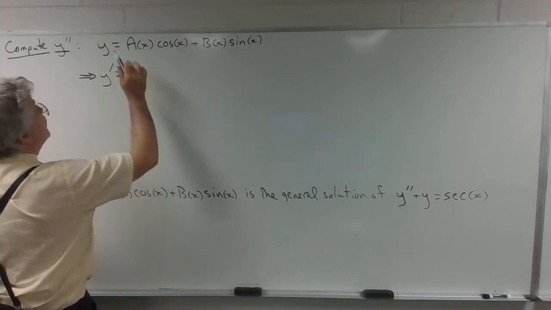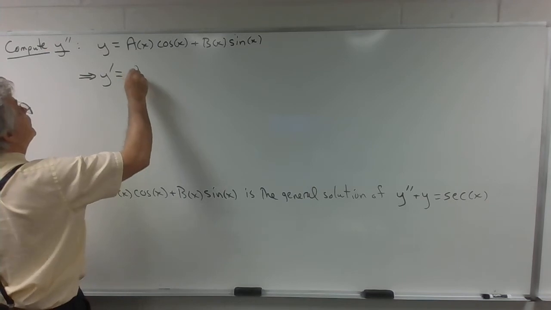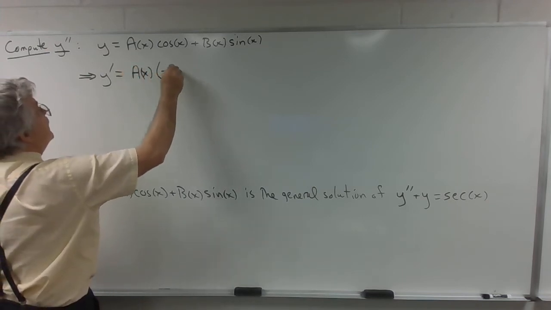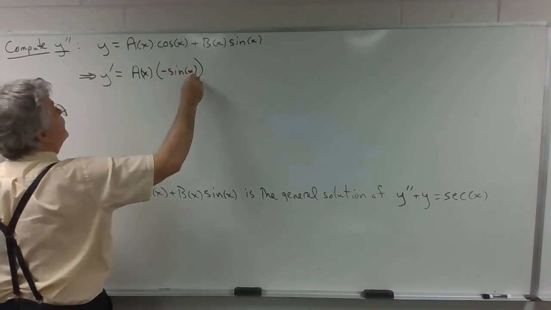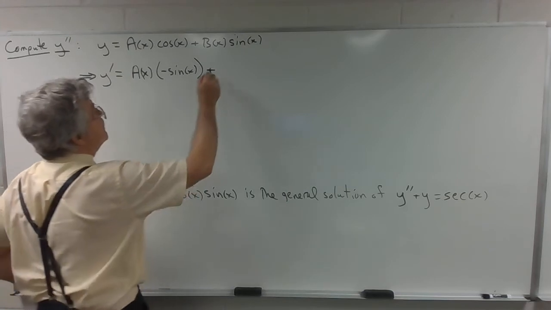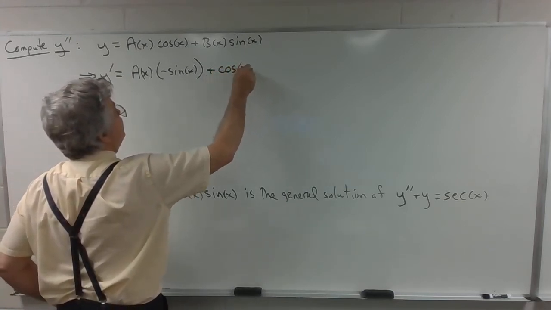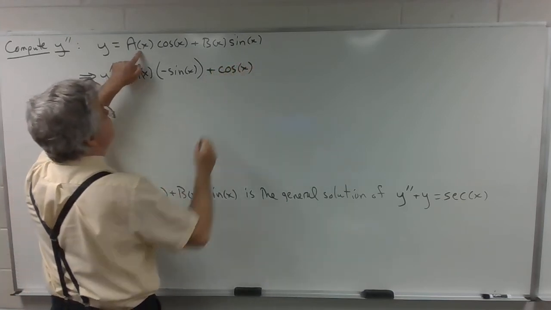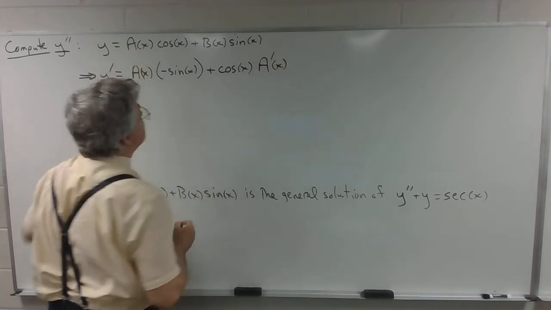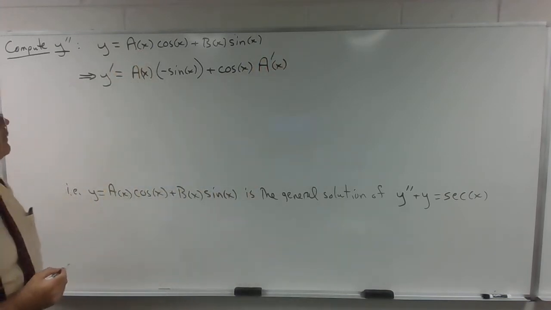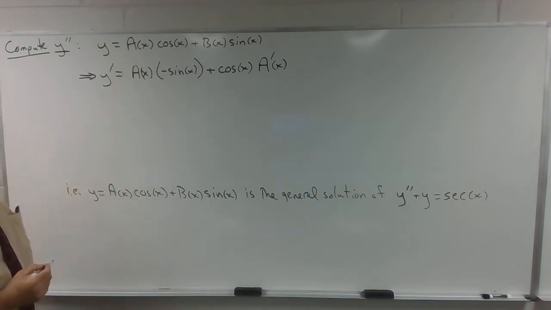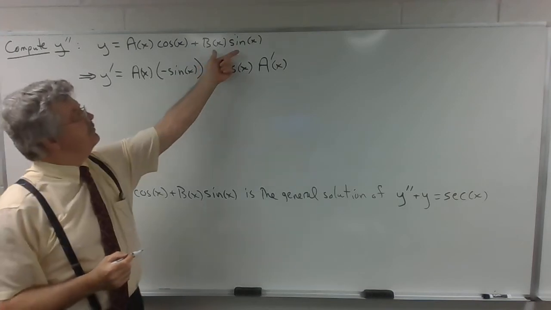Okay, so we'll get first times derivative of the second, plus second times derivative of the first. So that's the derivative of a of x cosine of x. Now we've got to do the same thing here.